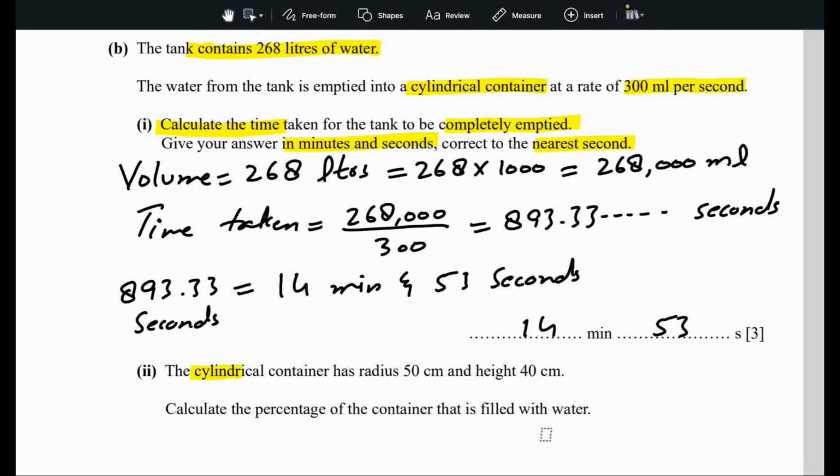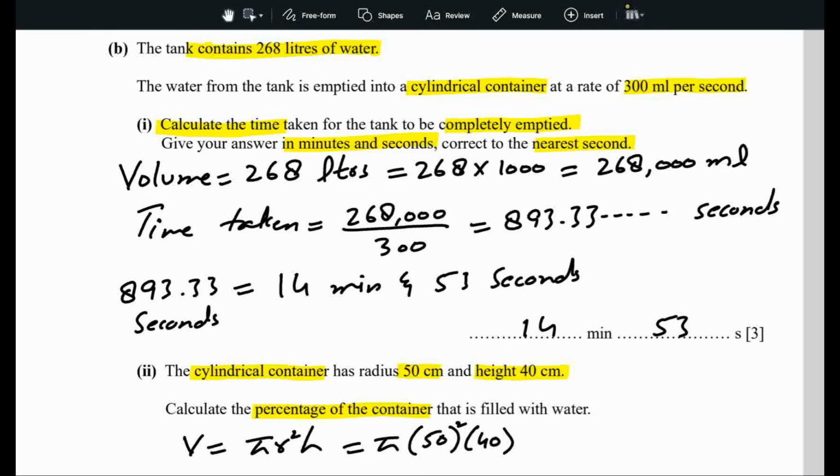The cylindrical container has radius 50 centimeters and the height is 40 centimeters. Calculate the percentage of the container that is filled with water. Now, first of all, we have to find out the volume. So we know that volume is equals to pi r square h. So pi, radius is 50 and height is 40, 50 square into 40.